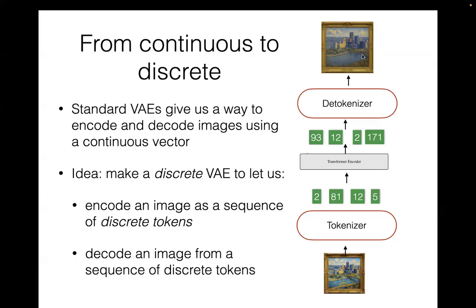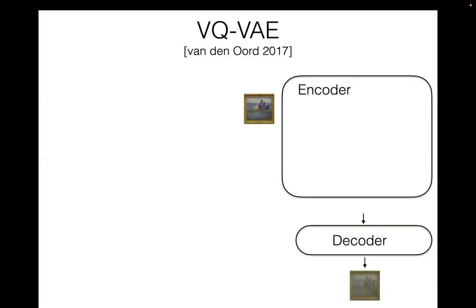This is the trick, and then you can have a language model that produces these tokens and as a result can produce images. The challenge is that when you work with discrete data, things are less nice: it's more difficult to get gradients and you have to get clever. This is a method called VQ-VAE, or vector quantized VAE, that tries to do this.